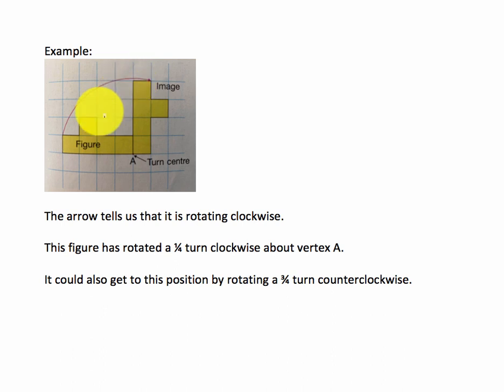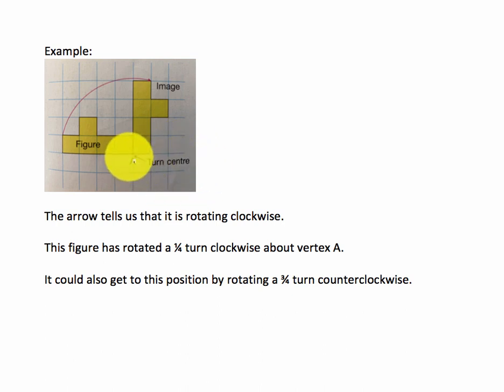So I would say that the figure did a quarter turn or a quarter rotation clockwise, and then it's really important to say where it's turning from, or where it's rotating around, and it's rotating around this vertex here. It's labeled A, or it can be called the turn center.